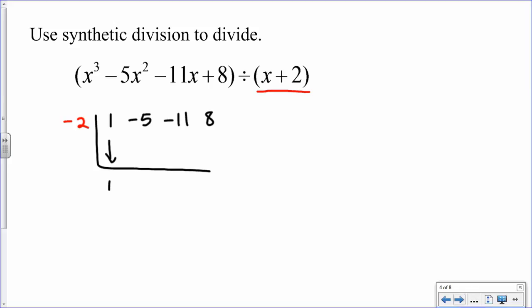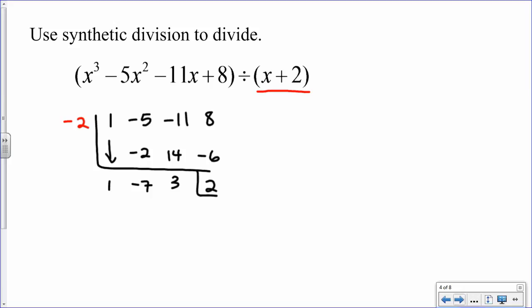One times negative 2 is negative 2. Add down, so that's negative 7. Negative 7 times negative 2 is positive 14. Add down, so that's 3. 3 times negative 2 is negative 6. Add down and you get 2. So that's your remainder is 2.